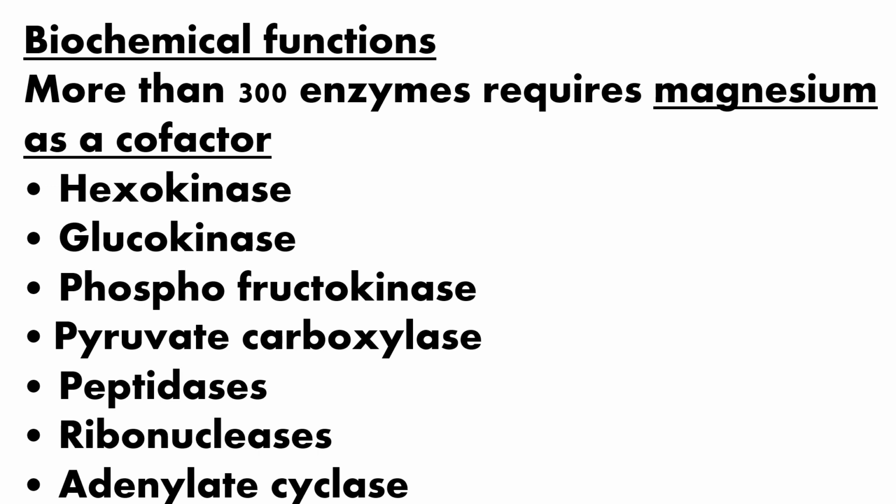These four enzymes are mainly concerned with carbohydrate metabolism, glycolysis and gluconeogenesis. Peptidases are mainly concerned with the breakdown of protein. Ribonucleases have a role in nucleotide metabolism, and adenylate cyclase has a role in the mediation of hormone action.